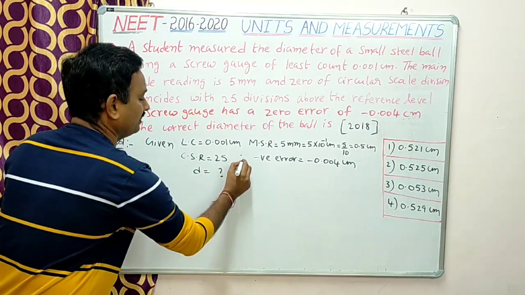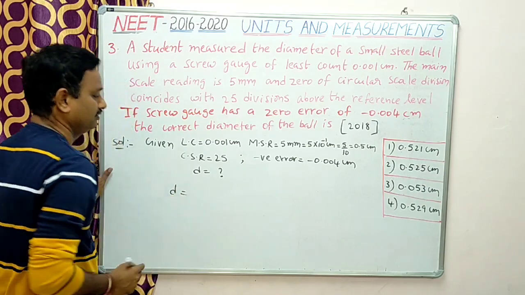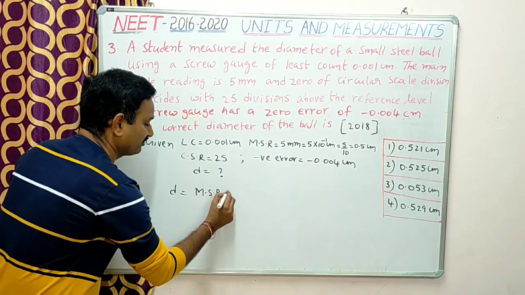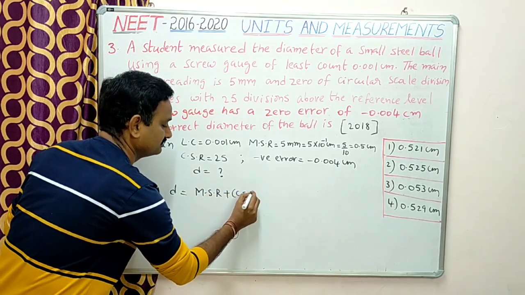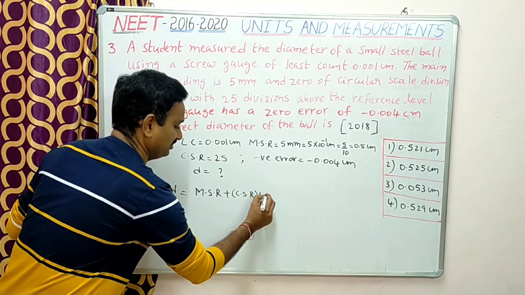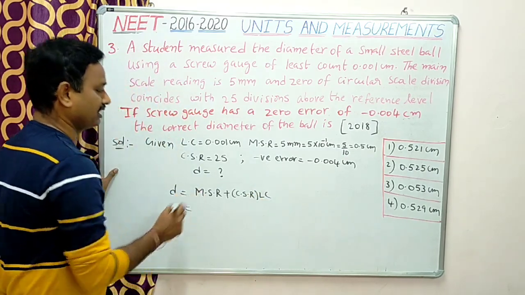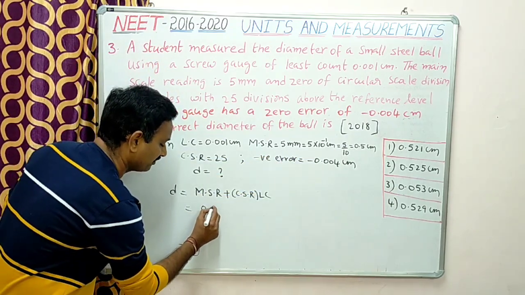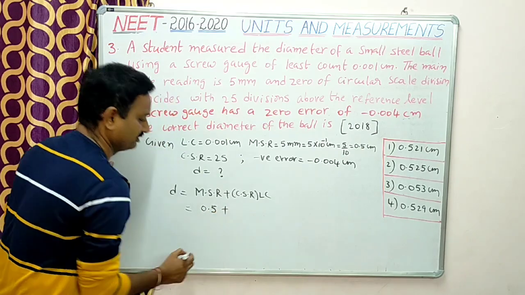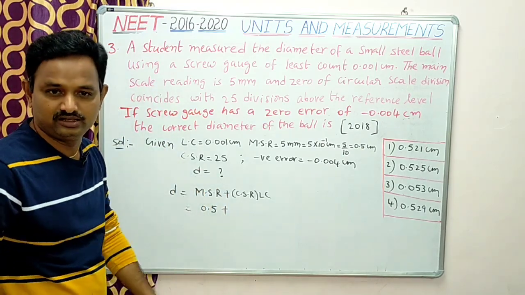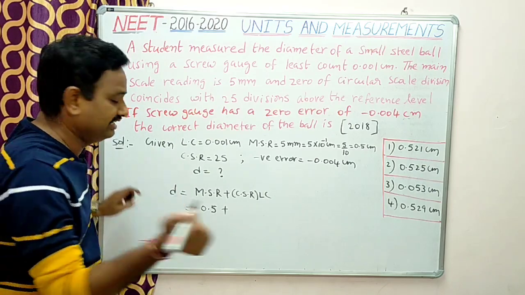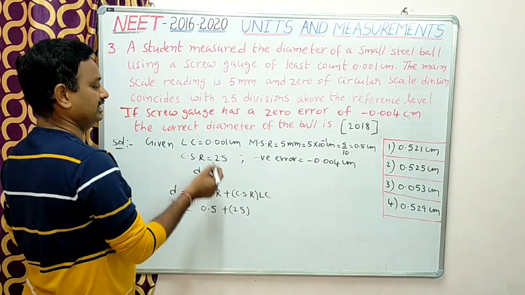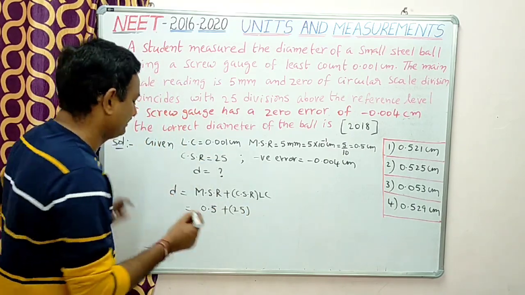Okay. So here diameter equal to, I will apply the formula, MSR plus CSR into LC. Okay. So MSR, main scale reading how much? 0.5 centimeter. That is 0.5 plus CSR, circular scale coincide division or circular scale reading, that is 25 into LC, least count 0.001 centimeter.